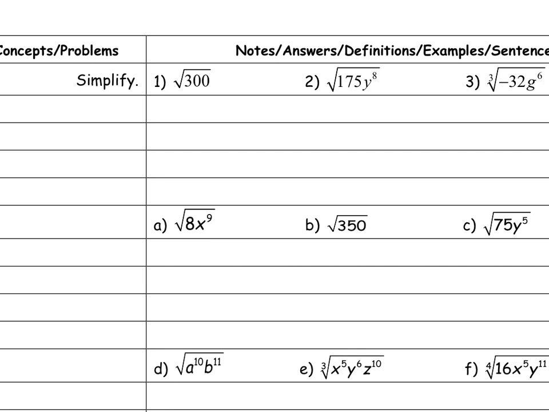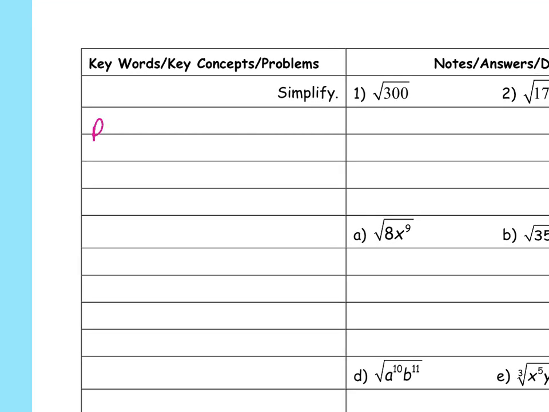So my perfect squares, I'll write them out. Perfect squares would be 1 is my first one, because 1 times 1, right? And then 4, 9, 16, 25, 36, 49, 64, that's 8 times 8, right?